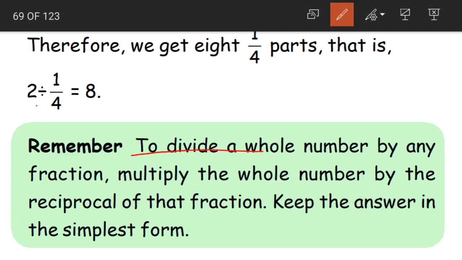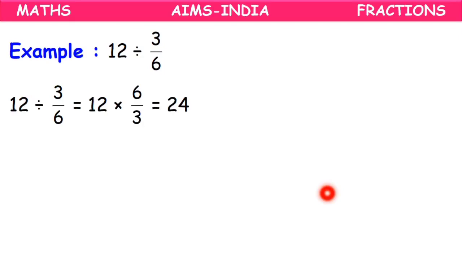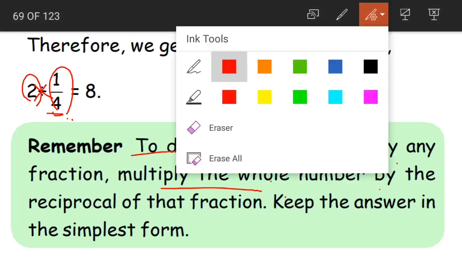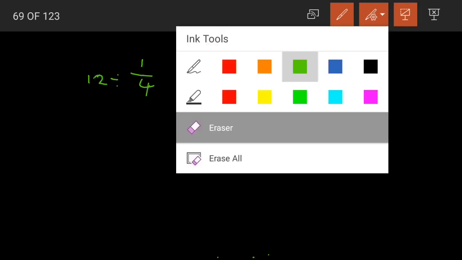To divide a whole number by a fraction, we need to multiply the whole number by the reciprocal of that fraction. So see here, let me write here, 2 divided by 1 by 4.